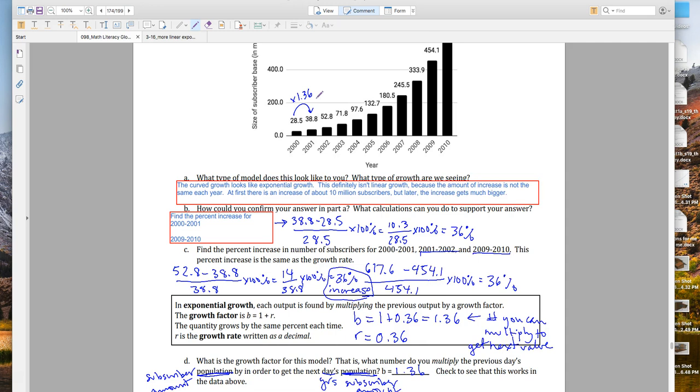So that works. And then let's try it again up here. If I take 132.7 times 1.36, does that give me the next value? Yep, 180.5.